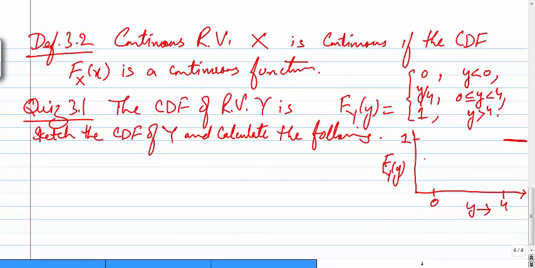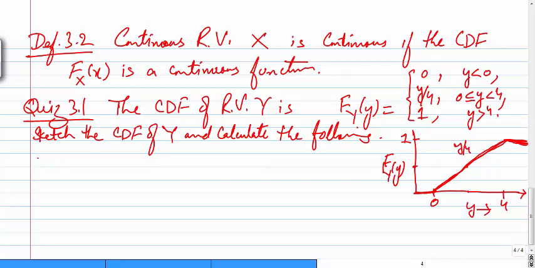If y is 0 it is 0, if y is 1 it is 1 by 4, if y is 2 it is 1 by 2. So at a half it will pass from here. If I draw a line, this will make the CDF look like this. So this is the line y by 4, and this is the CDF.